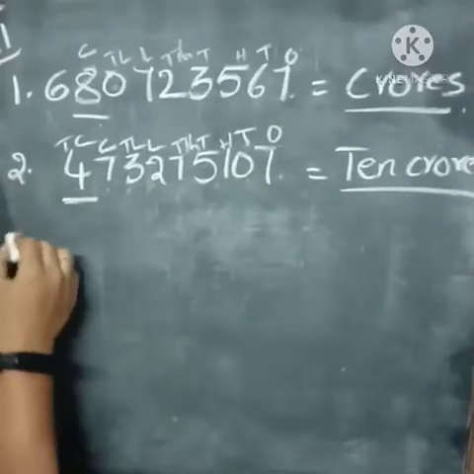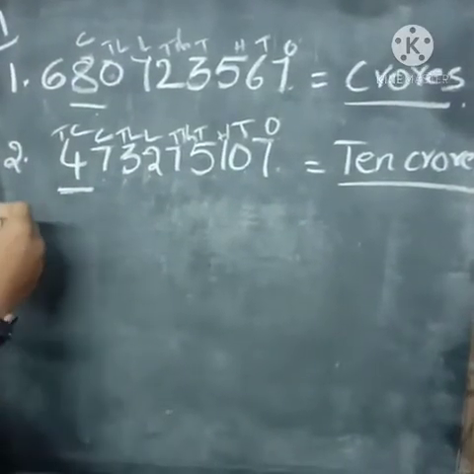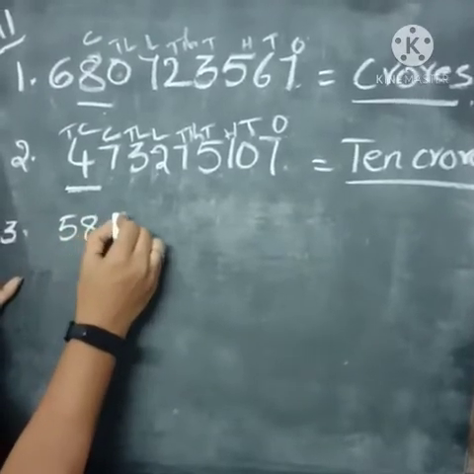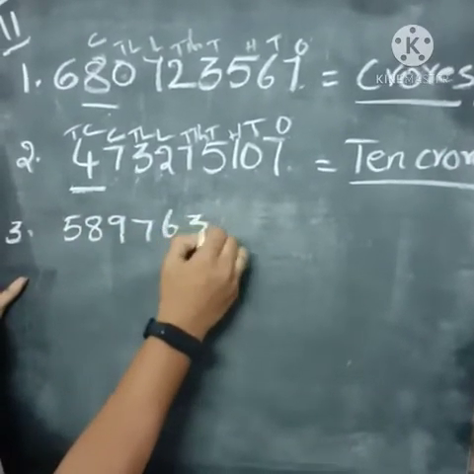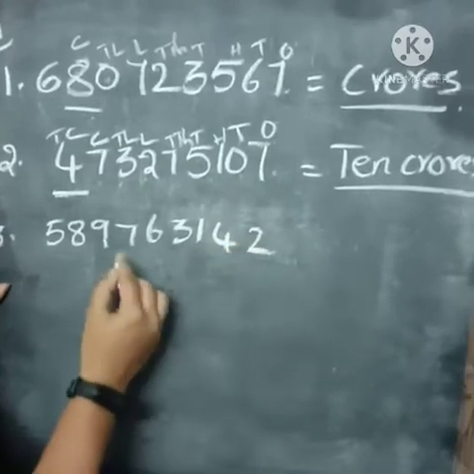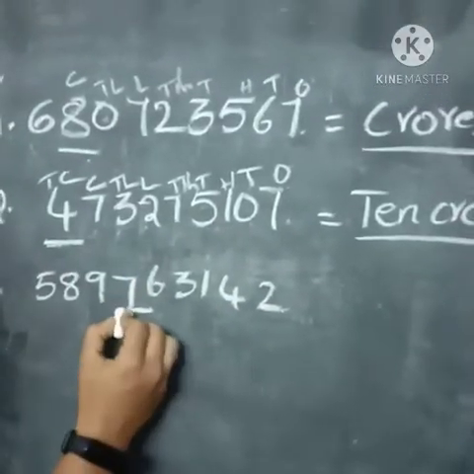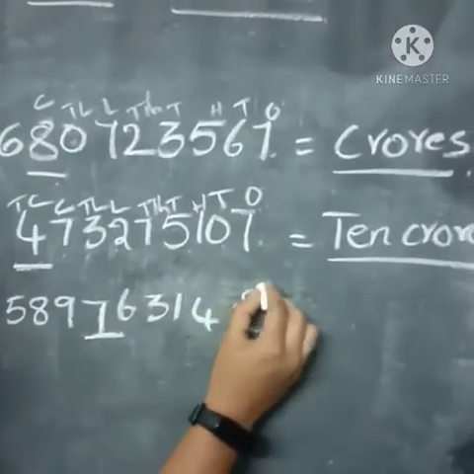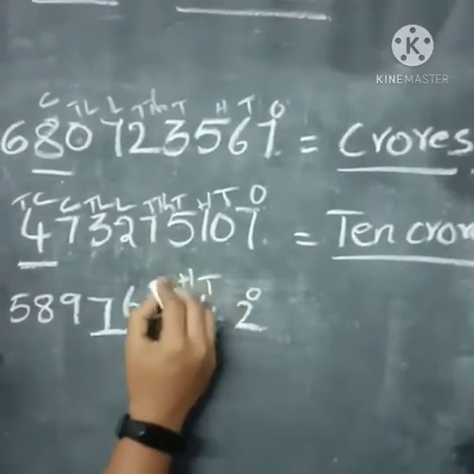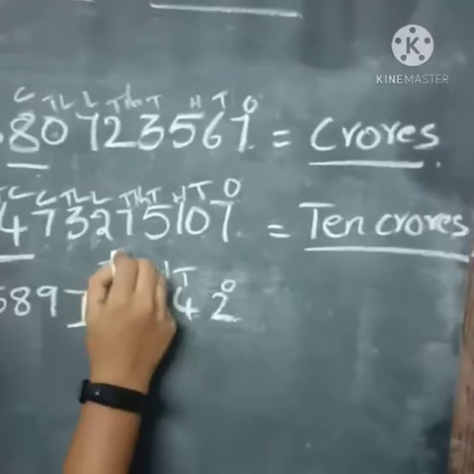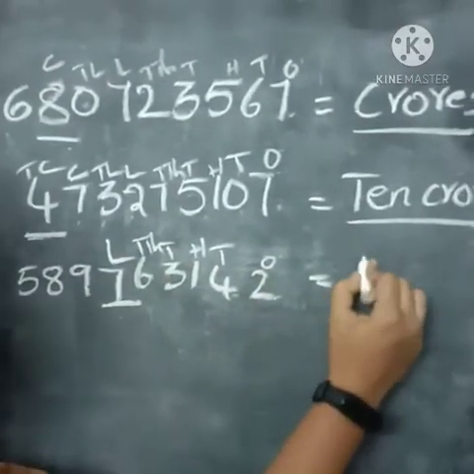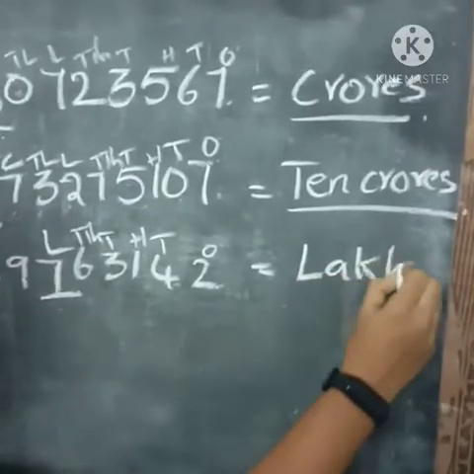Okay children, next you see the next question. Now tell the value of 7, place value of 7. Ones, tens, hundreds, thousands, 10,000s, lakhs. 7 is in which place? 7 is in lakhs place.